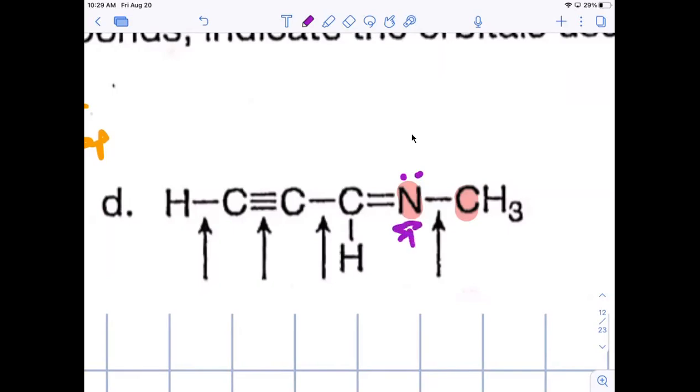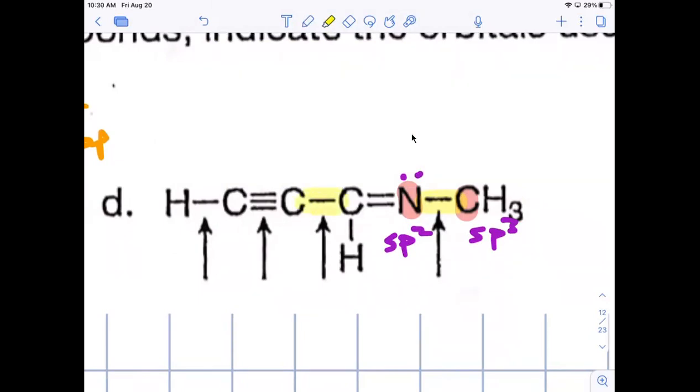Good. And then this is what? SP3. So we know the bond between them is what type of overlap? SP3, SP2 overlap. Yes.